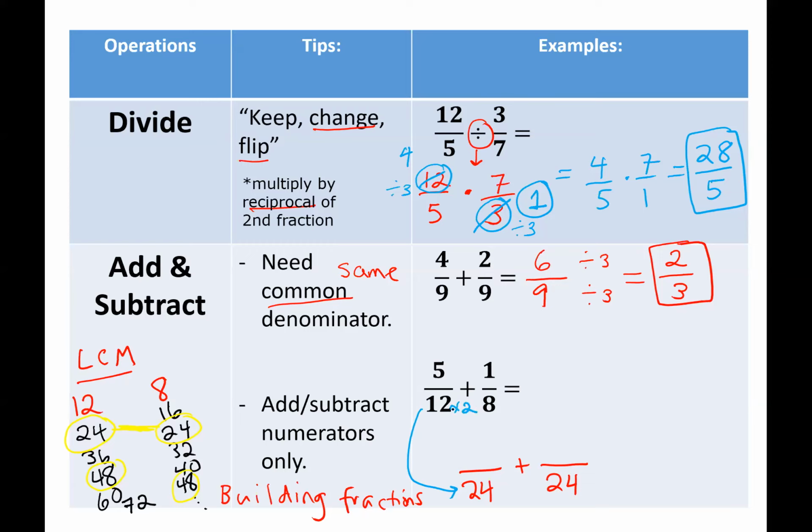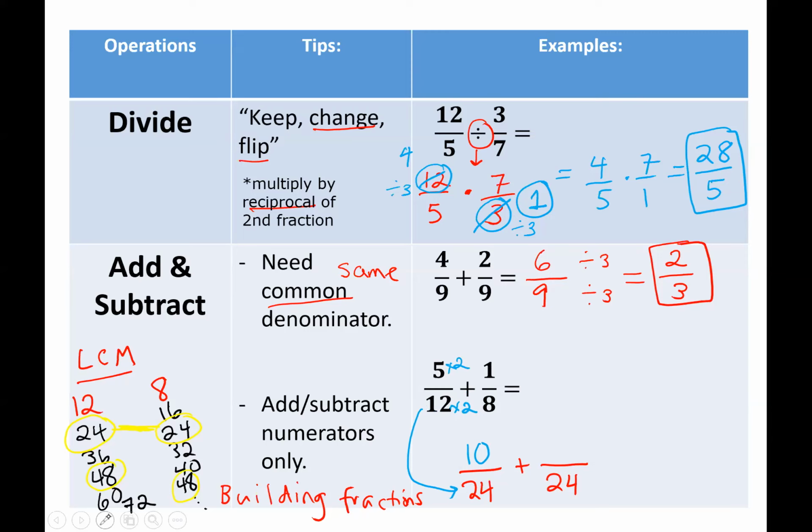So if we're multiplying the denominator by 2, we also have to multiply the numerator by 2. 5 times 2 would be 10. So 5/12 would also be written as 10/24. We're purposely rewriting it so that we have a common denominator.